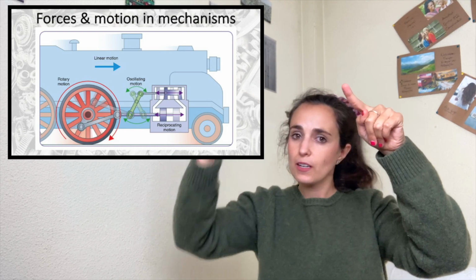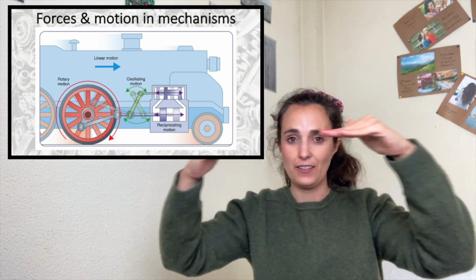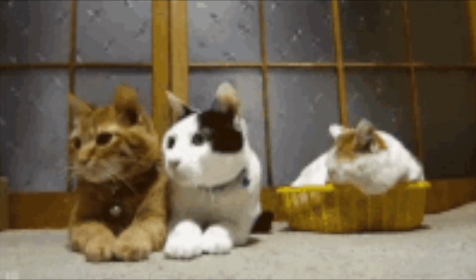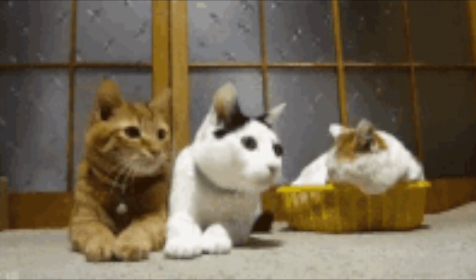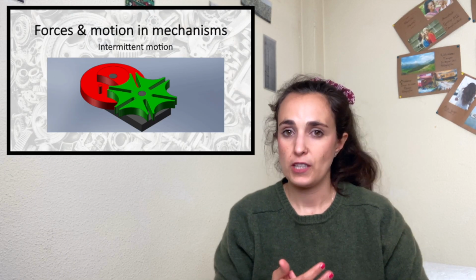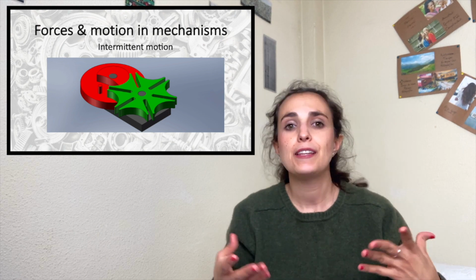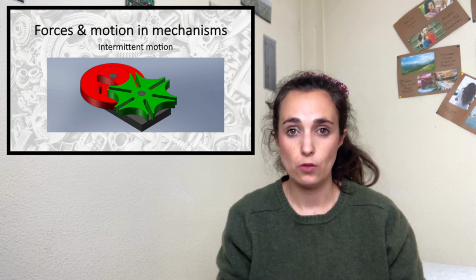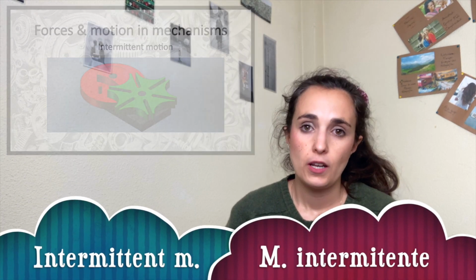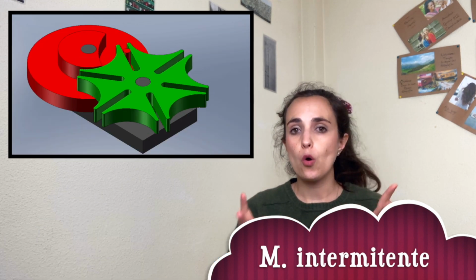So it's the same, it's back and forth, but it's not linear, it's circular. And the last example of the main types of motion that a mechanism could do is intermittent motion. That means that it is not always moving, it moves sometimes.